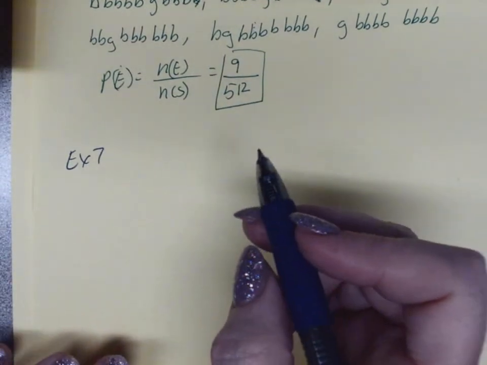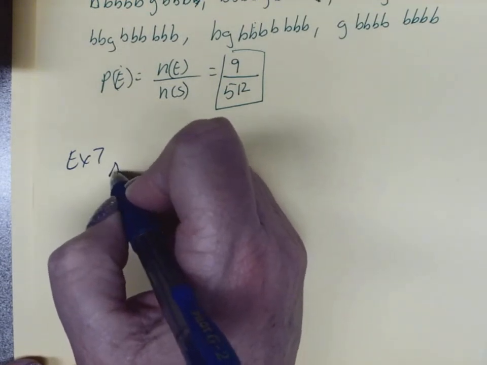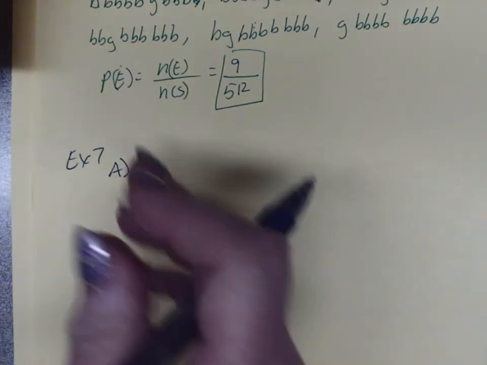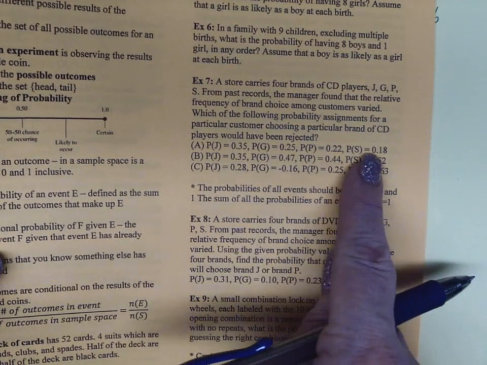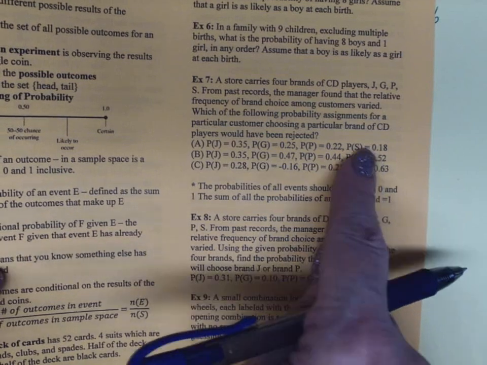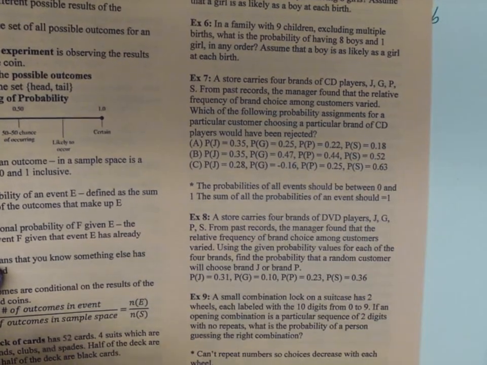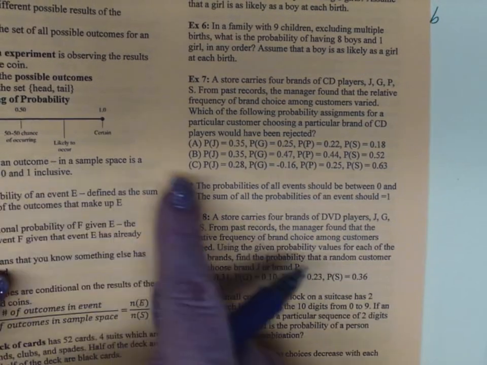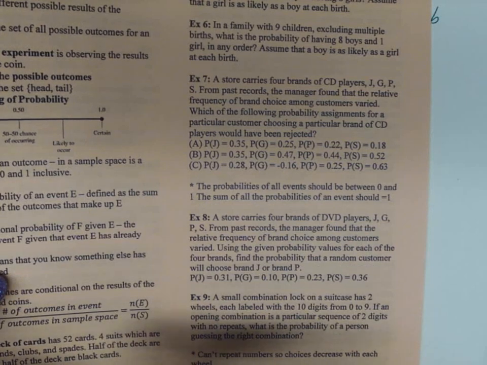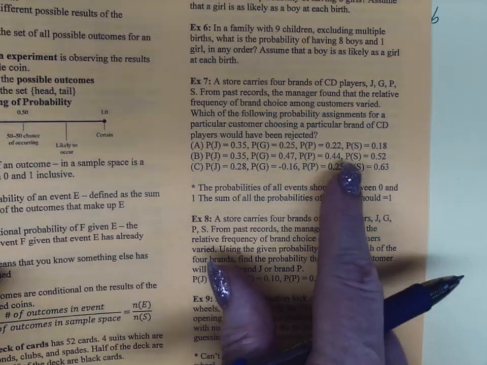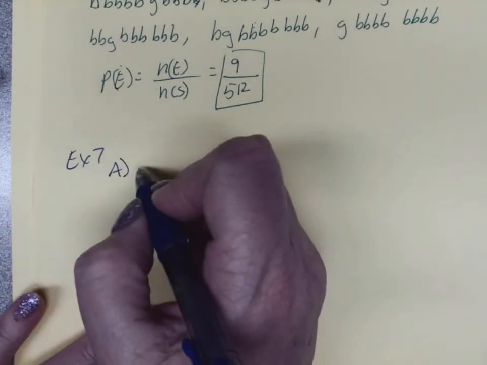So for the first one, part A, we're going to add up all of our numbers to see if our whole entire probability adds up to be 1, because all of our probabilities have to be between 0 and 1, and the total of probabilities equals a total of 1. All the possibles will have to be equal to 1.